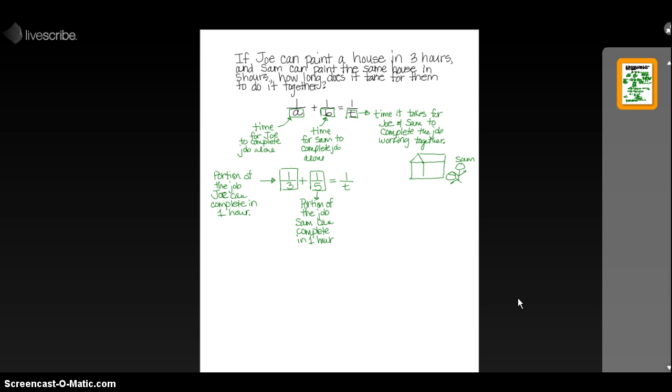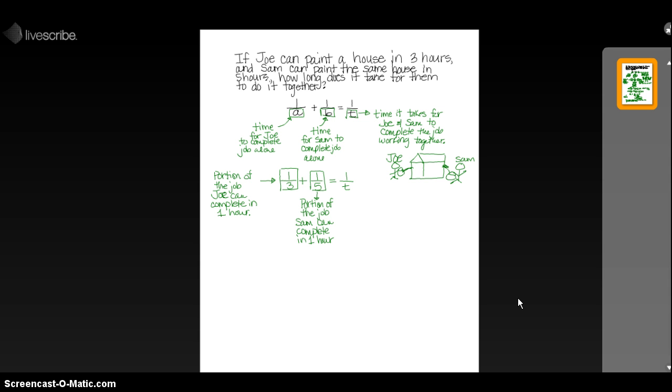He's got his paint bucket, and he's painting that house. Alright, and let's say we've got Joe over here. Here's his paint bucket, and he's painting that house. And let's say Joe starts on the west side of the house and Sam starts on the east side of the house, and they just start painting, and they're going to meet somewhere in between when they're done.